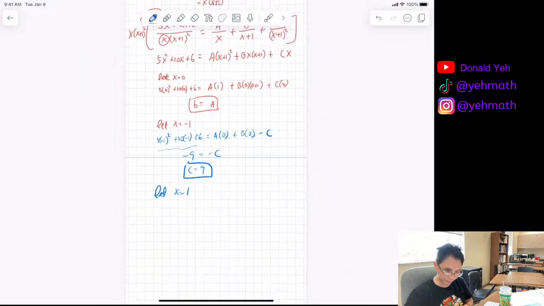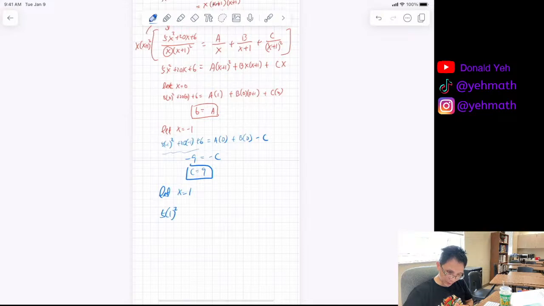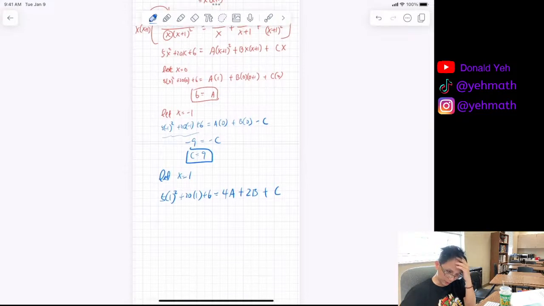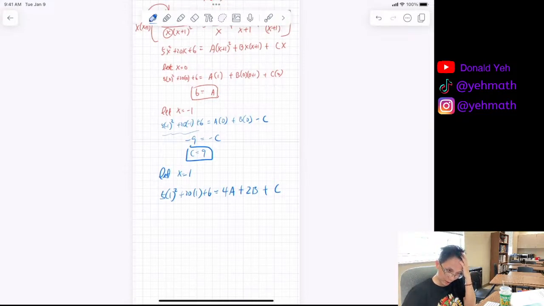So that's 1. And that's gonna be 5 times 1 squared plus 20 times 1 plus 6 equal to, if it's 1, 1 plus 1 squared. So it's 4a plus 2b, thank you, plus c. But luckily, we already know what a and b are, right? So this is, I believe, 31, right? Yeah.